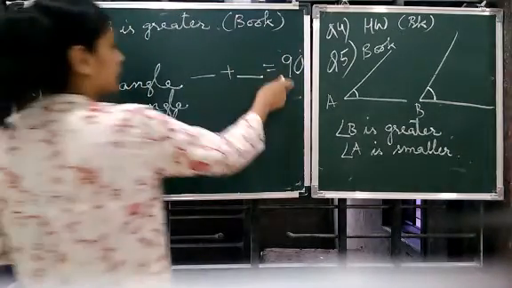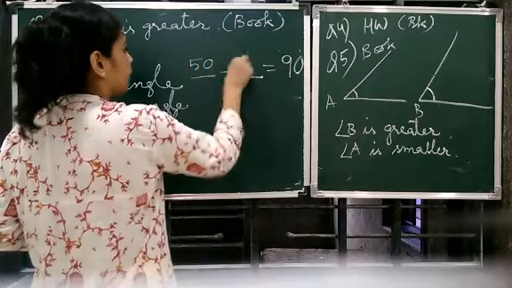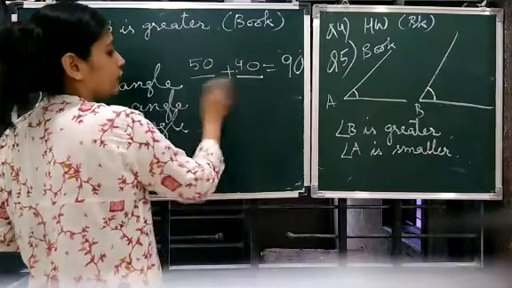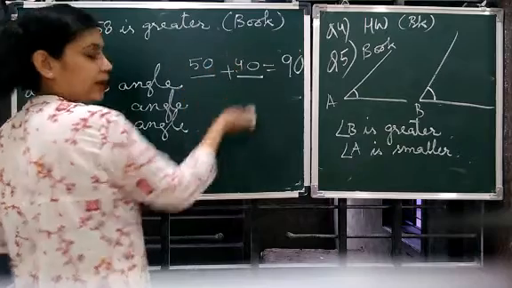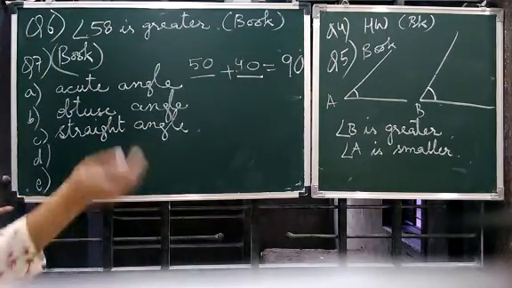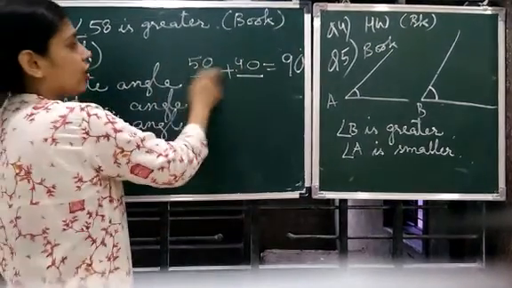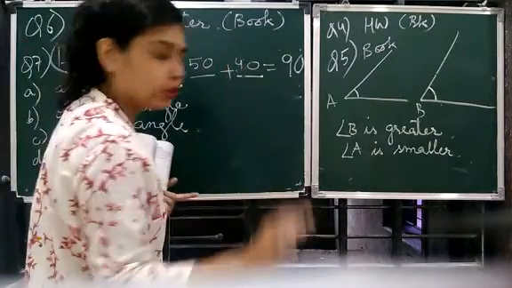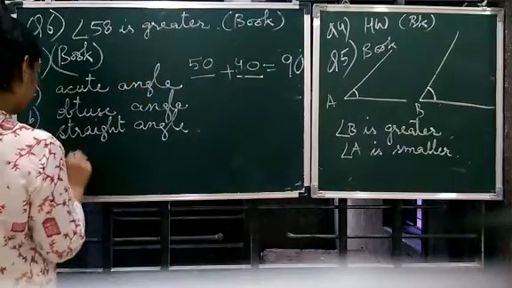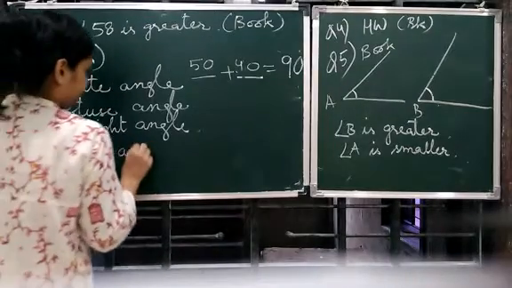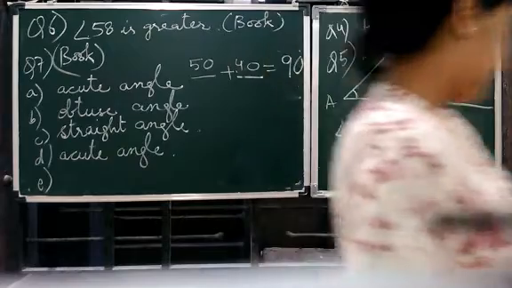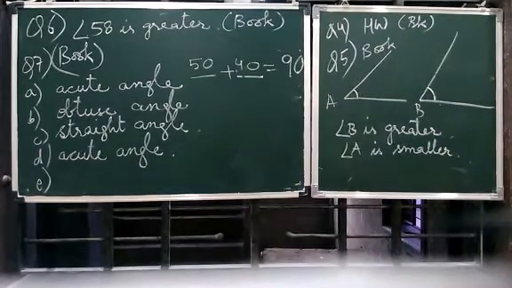Okay, so it should be 90 degree means either this is 50-30 or 50-40, 60-30, 45-45, 70-20, something like this. Yes, that means both the angles should be less than 90. That means both the angles should be acute angles. Both the angles are acute angle. This completes D. Now we start with E.